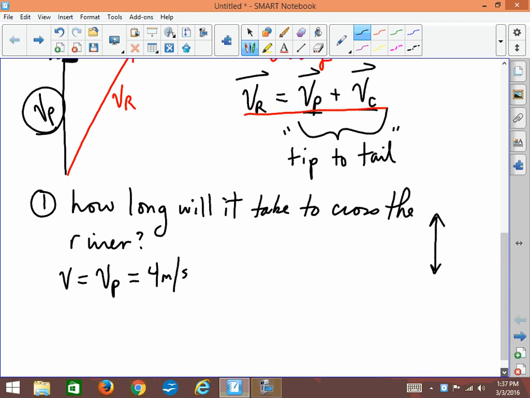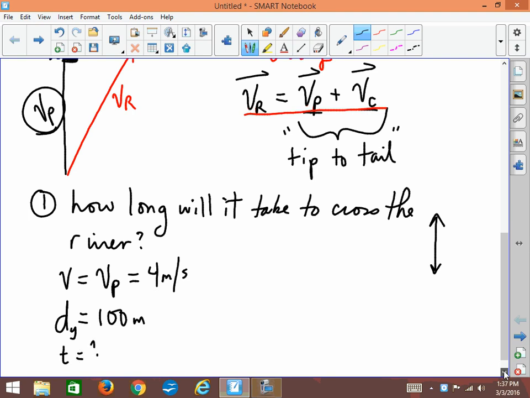We also know that the distance across the river is 100 meters. And because we're now talking about distance in 2 dimensions, we're going to put a little y beside this one to remind us that that's the uppy-downy distance we're talking about. I say uppy-downy, I know that the river is not really high or low, but on the board it looks like up and down. So it's the vertical dimension, across the river. And then we're looking for time.